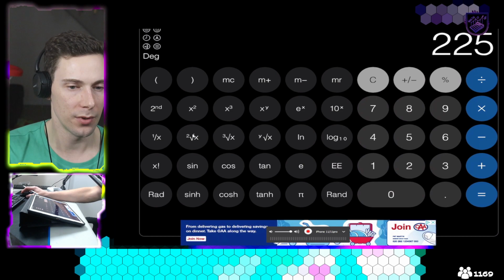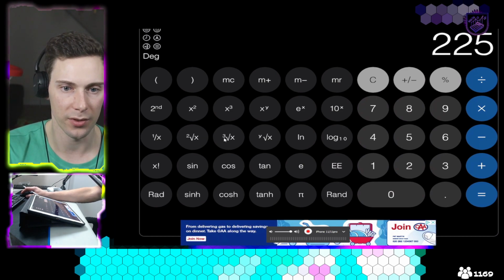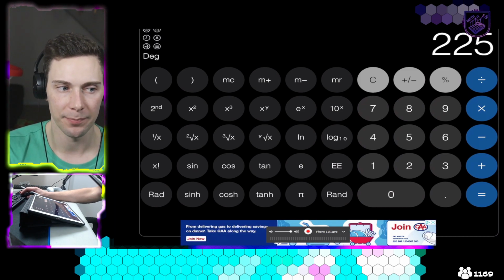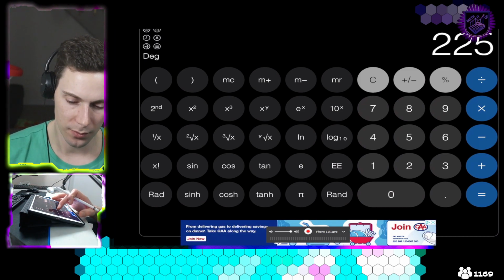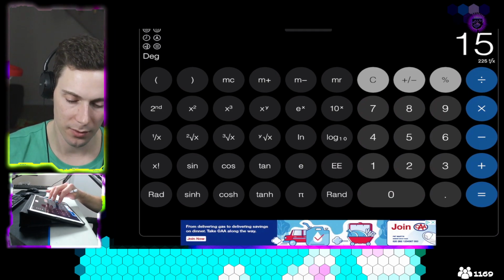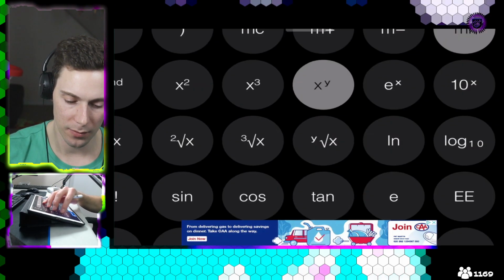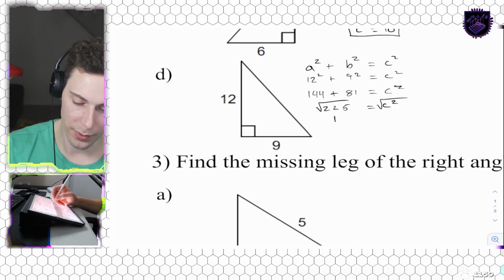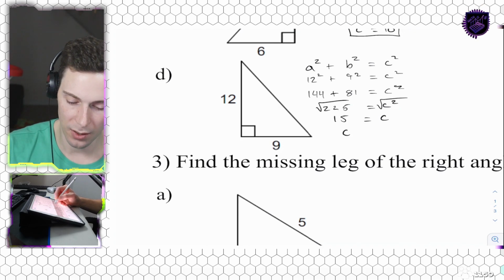Square root of 225 is 15, so c is equal to 15.